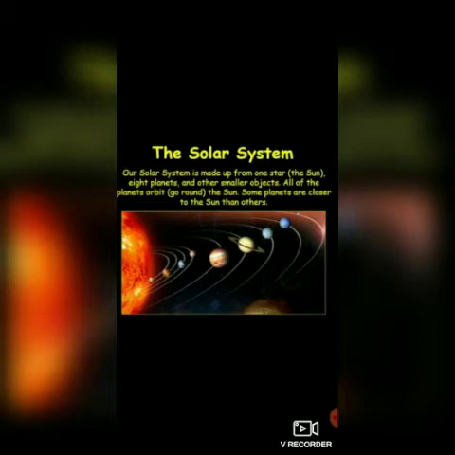And in this solar system there are 8 planets, and it even consists of other smaller objects like asteroids, meteoroids, comets and all. All of the planets have their own orbit, and in their orbit they go around the sun.